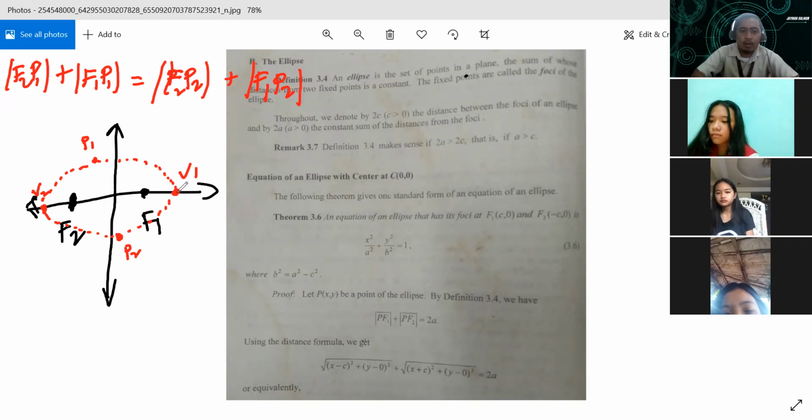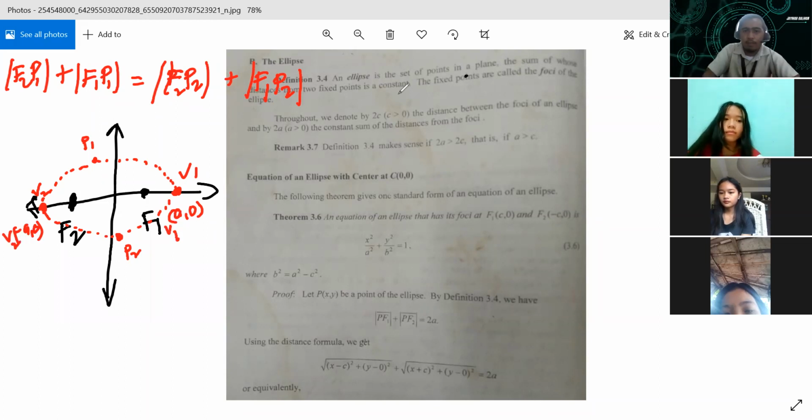By the way, the notation we are using here is A, 0. A stands for the abscissa of your vertex. So obviously this one must be negative A, 0. That is your vertex 2, and this is your vertex 1.